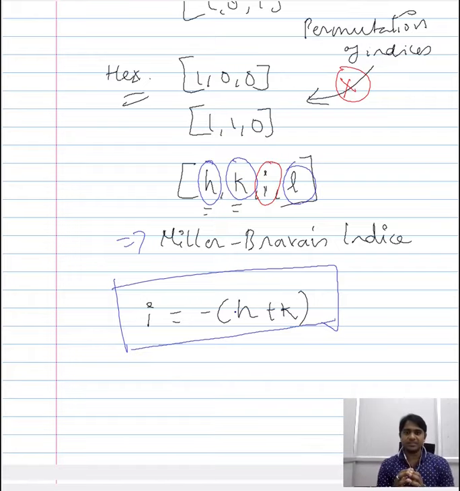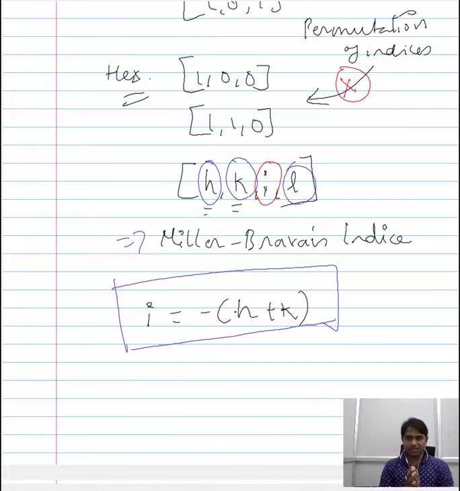Having done all this, in order to identify the integers for a given plane or direction, the approach remains the same. For identifying a plane, we begin by considering the intercepts the plane makes on the different principal axes. You take the reciprocal, with that you identify h, k, and l, and from h and k you identify i.